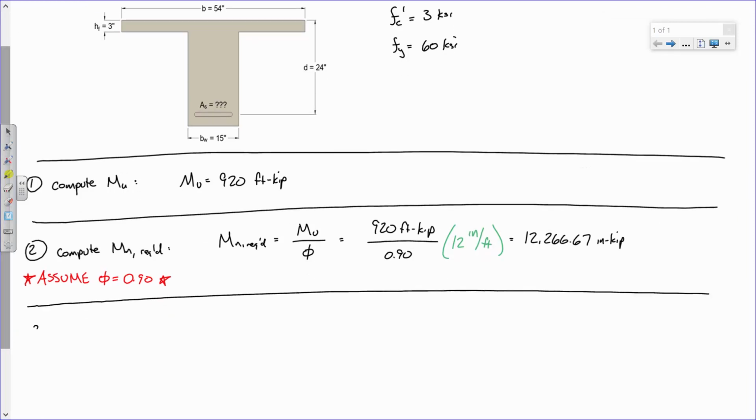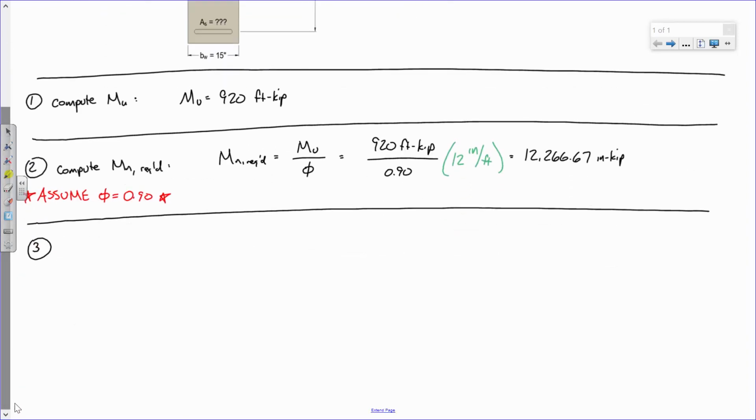Okay. Now, step 3. Now, I went ahead and told you that this was going to be a true T-beam. But if I didn't tell you, how would you know that this is going to be a true T-beam? Well, the answer is you don't. You got to figure it out. So the way that we do this is we start off by computing rho required.